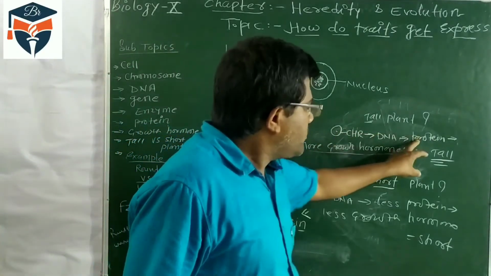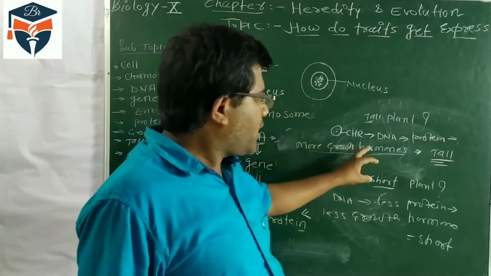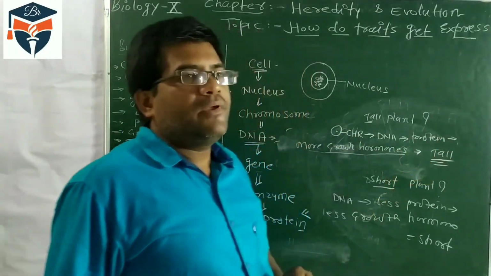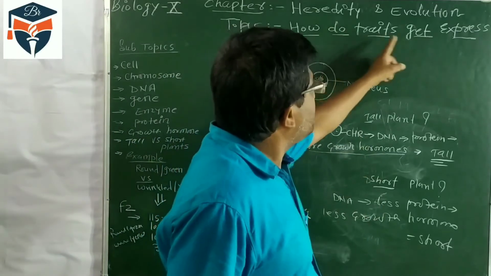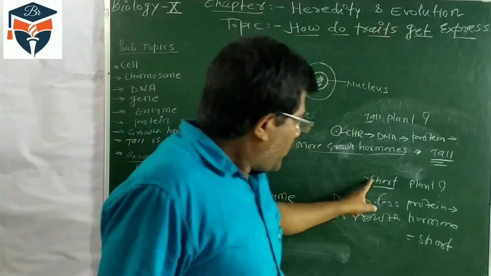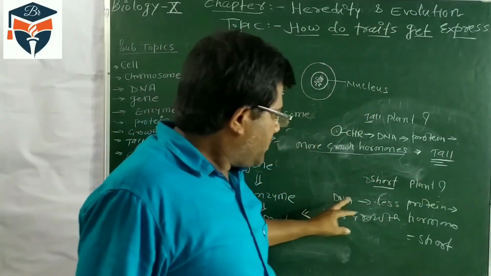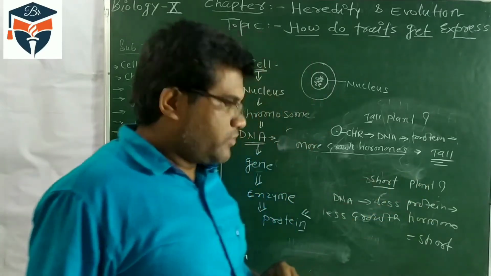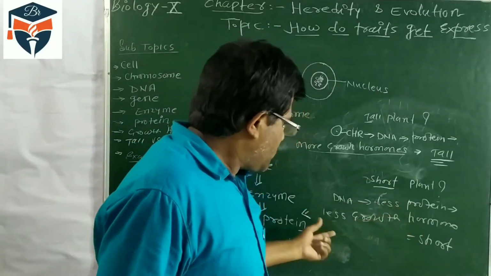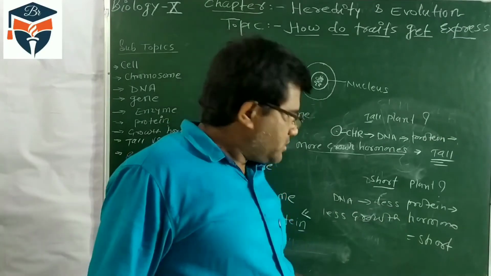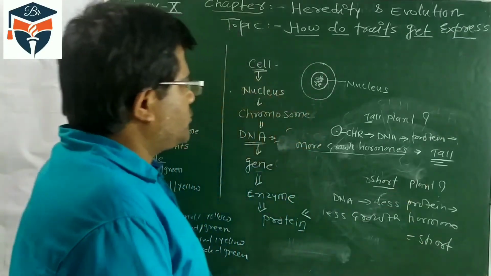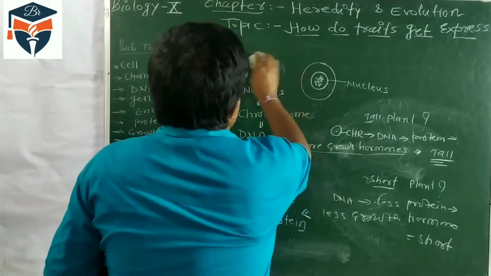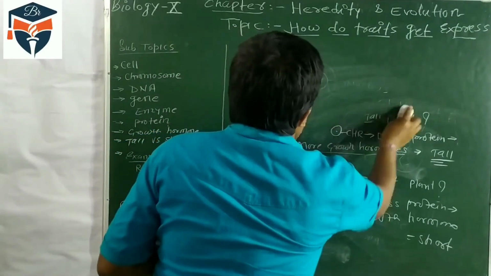If more protein, more growth hormones, are formed, the plants will be tall. Why is the plant short? Because DNA synthesizes less protein, and due to less protein, fewer growth hormones are synthesized and the plant is short. This is how traits get expressed.